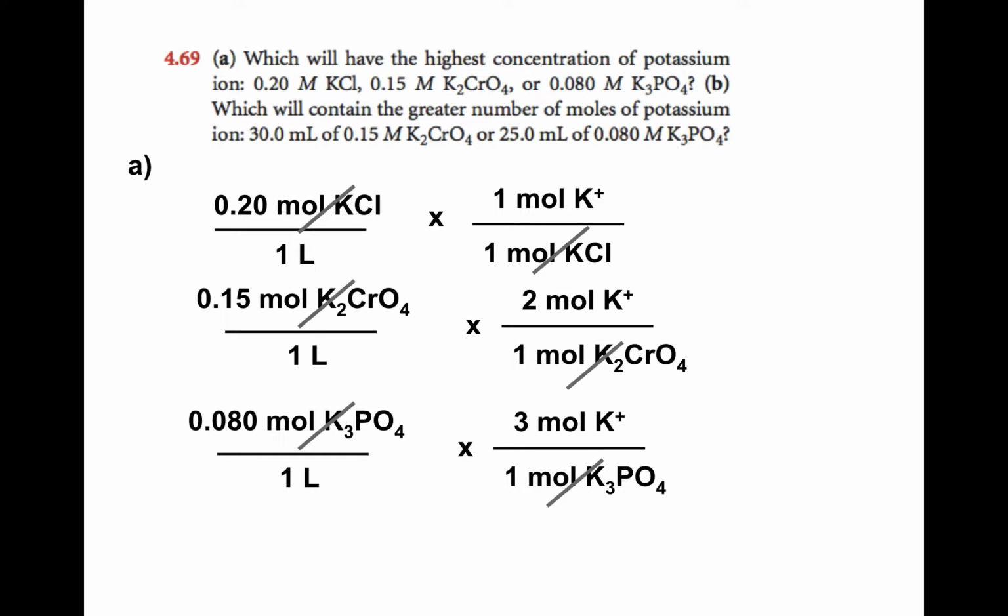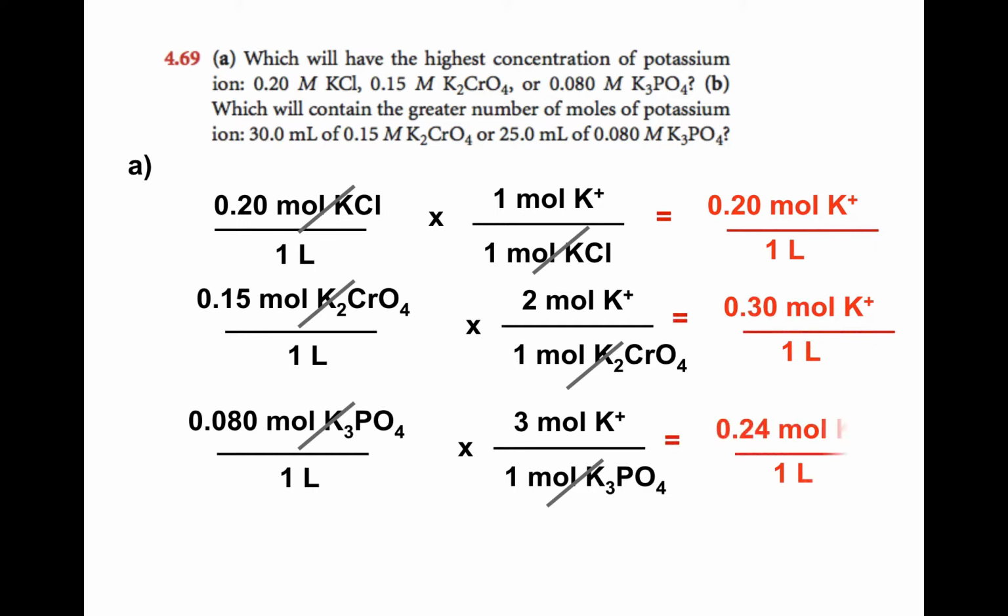So when I multiply across, moles of the ionic compound cancel, and I've converted to moles of potassium ion. So it's 0.15 molar potassium chromate that has the highest concentration of potassium ion.